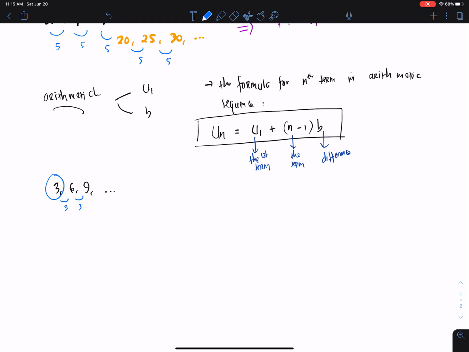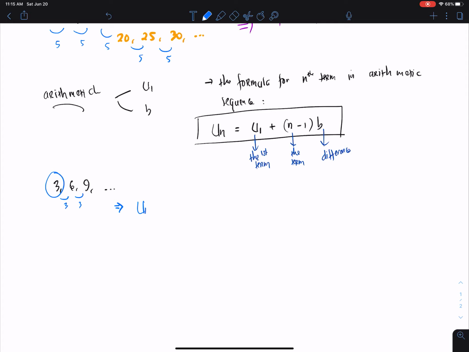So the formula for this particular sequence will be Un equals U1 plus (n minus 1) times B. U1 is 3, plus (n minus 1) times the difference, which is also 3.